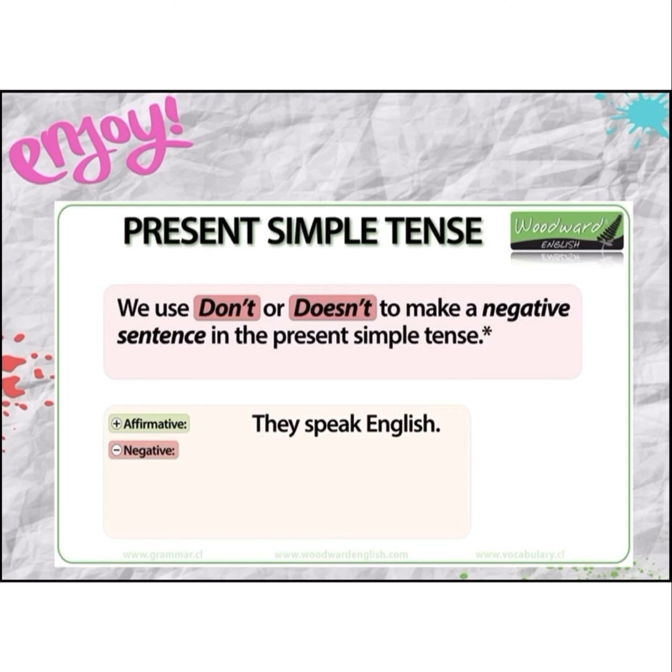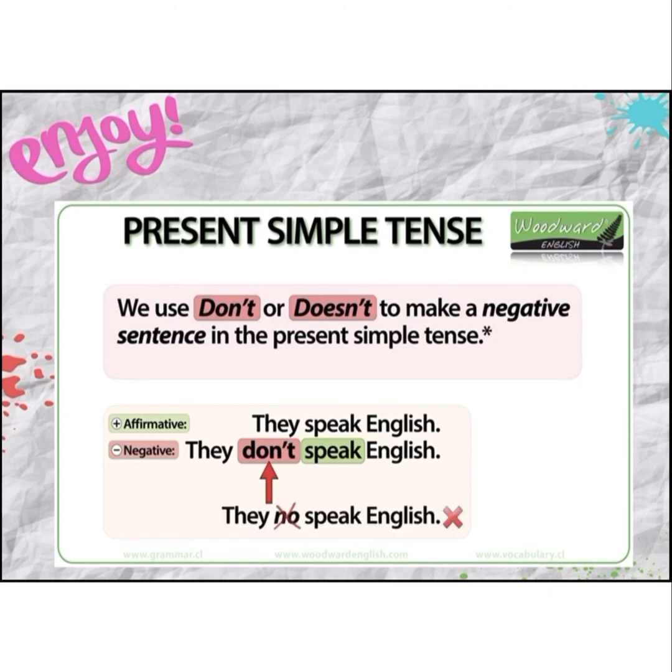They speak English becomes they don't speak English. Don't shows that the sentence is negative. We don't say they no speak English. No, this is not correct.